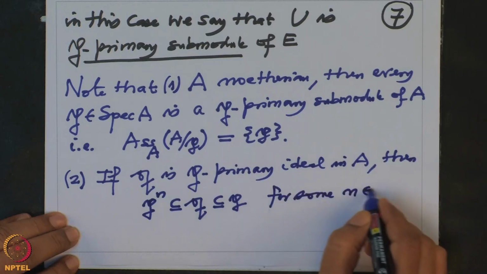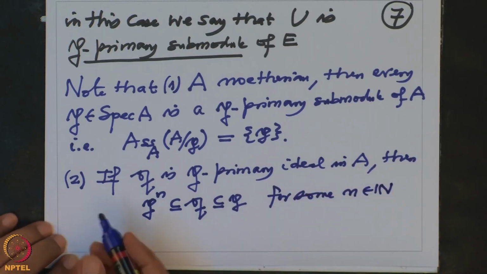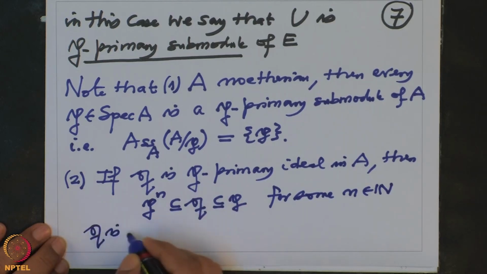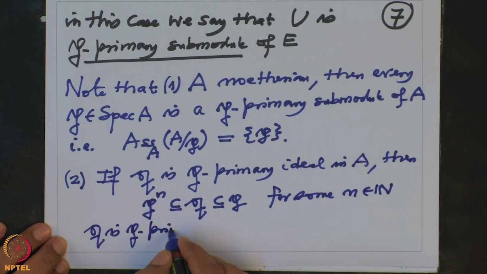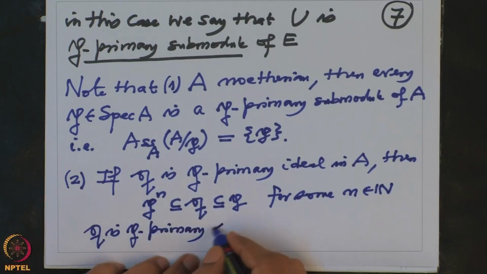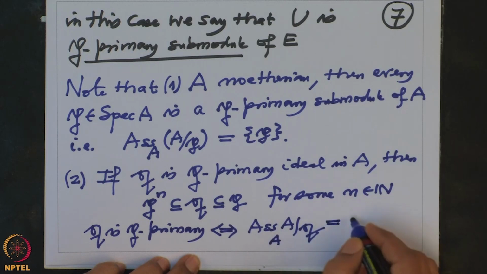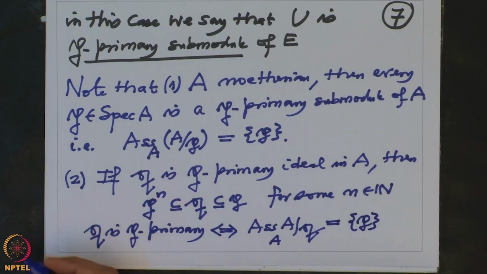This is very easy, and it follows from the following observation: Q is P-primary if and only if the associated primes of A by Q as an A-module is only P, and therefore we know the nilradical is only one prime ideal, so the nilradical is P.